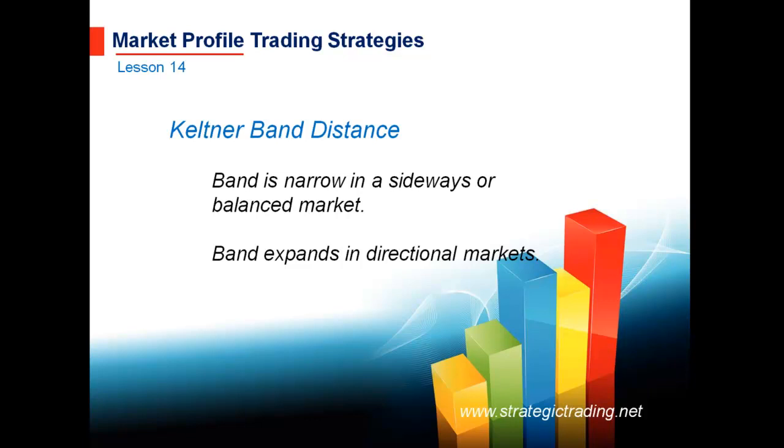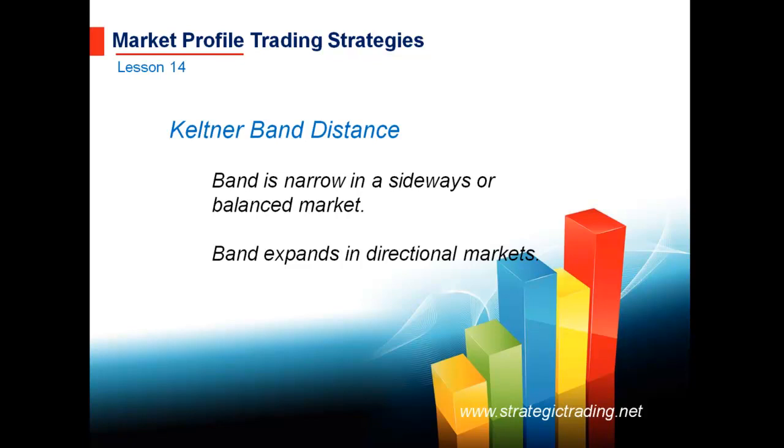However, some instruments tend to stay closer to the 20 simple moving average and don't deviate that much from it. So you may want to go to either 1 standard deviation or 1.5. And you will find that there will also be some instruments that are very volatile and go as far out as 3 standard deviations, sometimes even 4. Those are very volatile types of instruments to trade.